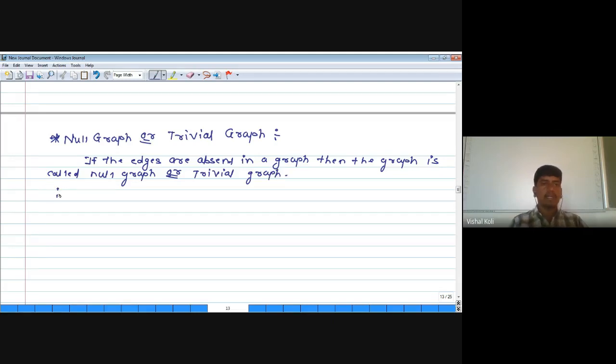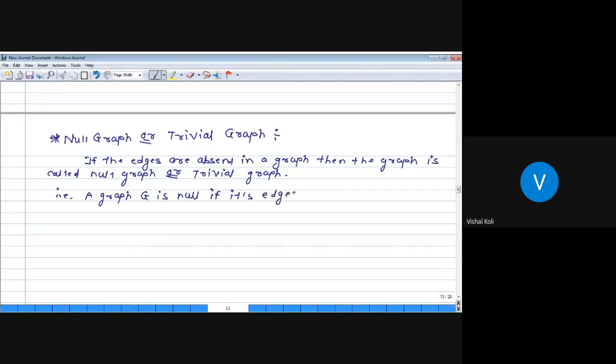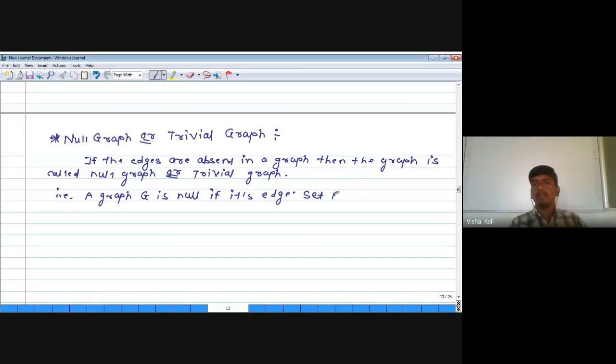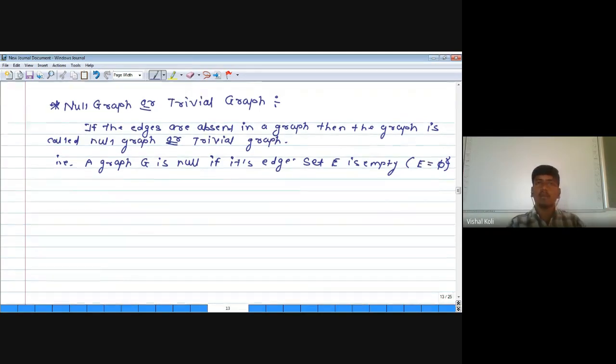That is, a graph G is empty if its edge set E is empty. That is, edge set E is equal to empty. That is, there is no element in the edge set of a graph G, then the corresponding graph is called a null graph. That is, the graph which contains only the vertices, that is, there is no edge in a graph G, then the graph is called a null graph or a trivial graph.